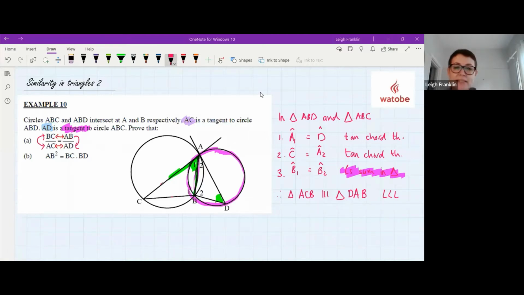And then it would be the same thing with the larger circle. Angle A2 is the angle between the tangent AD and the chord AB. So now we've got our fingers on A and B again, and now we're going to trace to the circle to C. So the angle in the alternate segment is equal to the angle between the tangent and the chord.